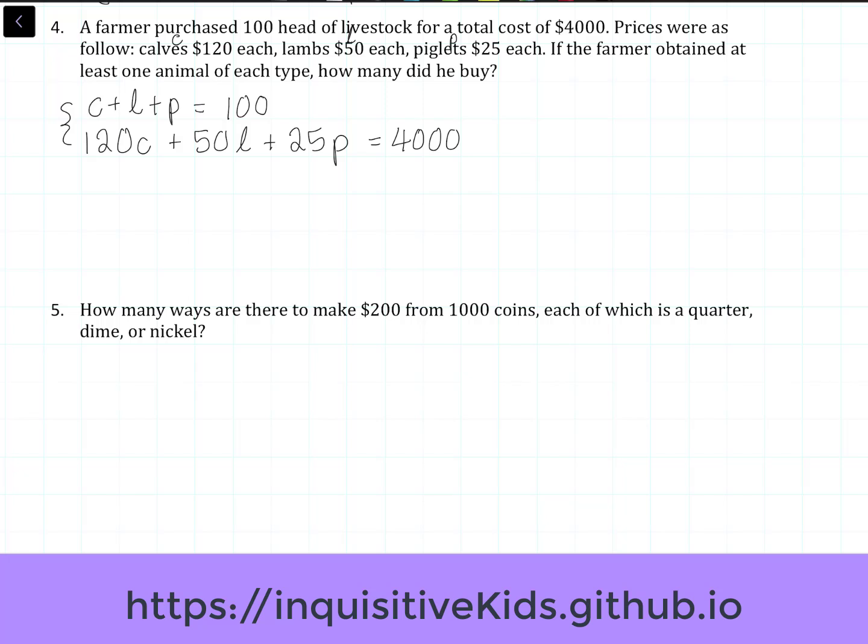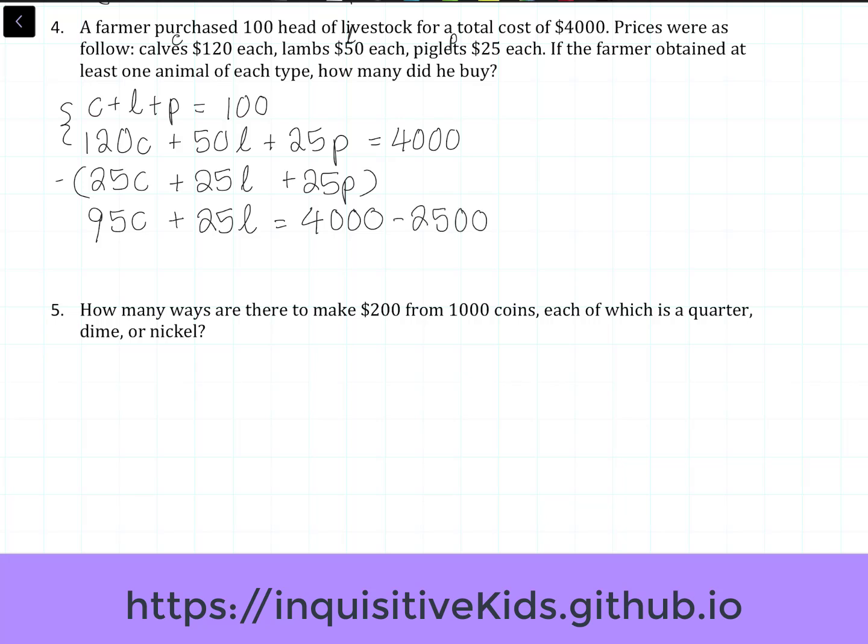Now, to make this a Diophantine equation, we can first eliminate one variable. If we subtracted 25C and 25L and 25P from the second equation, we would have 95C plus 25L is equal to 4,000 minus 2,500, which is $1,500.